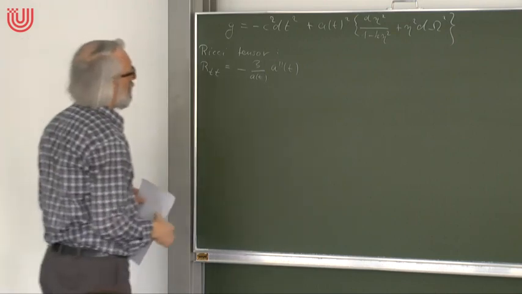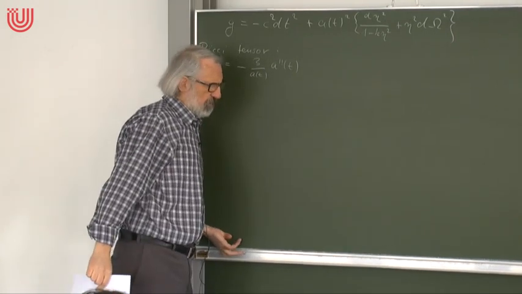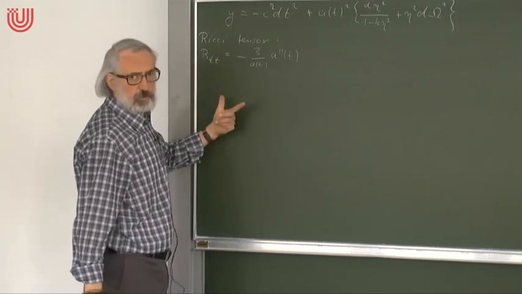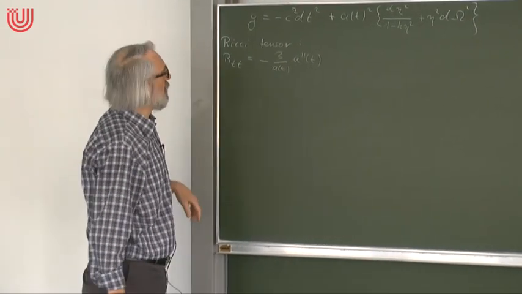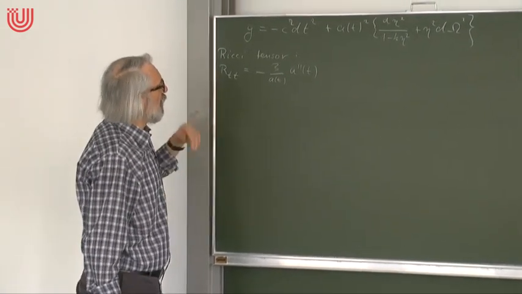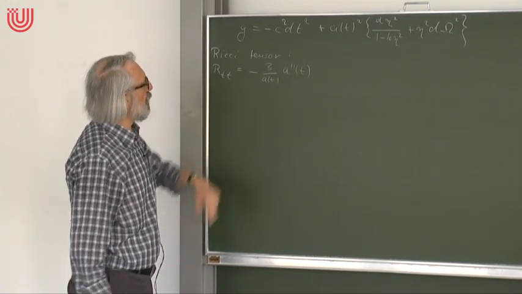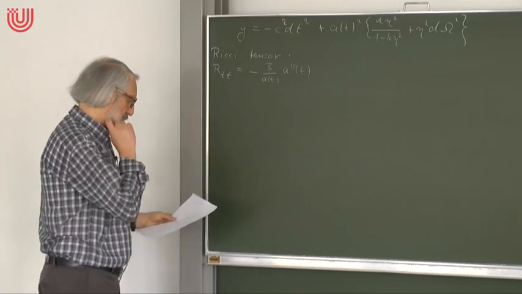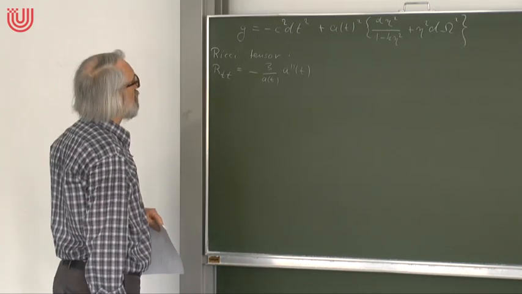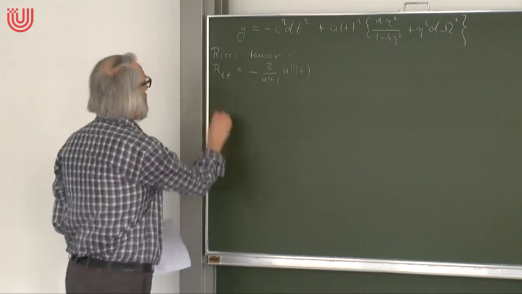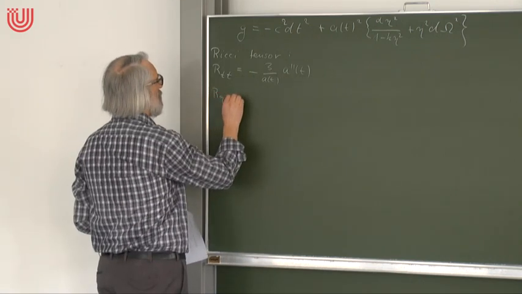I deliberately do not use a dot because I want to reserve the dot for derivatives with respect to curve parameters, which occurs quite frequently. So in the written version, I always write d by dt, so then it's clear what I mean. But here on the board, just to save a little bit of time, allow me to denote it by a prime.